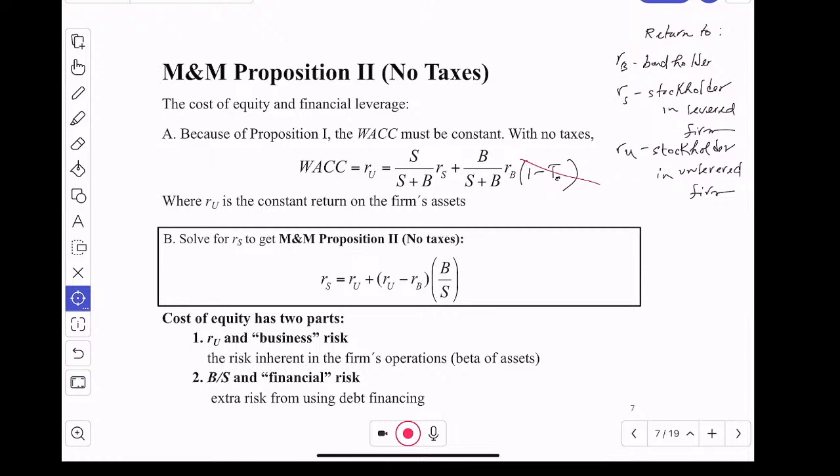And lastly, this guy or gal that is the average investor in the levered firm. You got that? There's 4 kinds of investors. Exclusively bondholder, exclusively stockholder in the levered firm. And then I guess this person would be, maybe I'll put them up here.